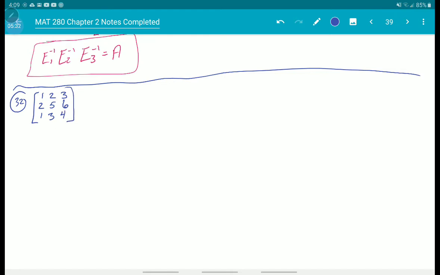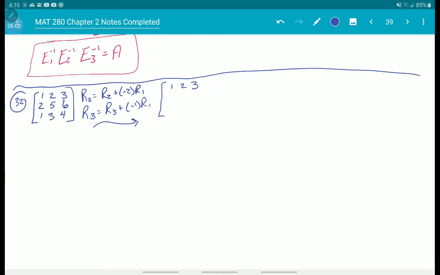So I need to turn this into the identity matrix since it's non-singular. So row 2 is going to be equal to row 2 plus negative 2 times row 1. And then I'm going to take row 3 and replace it with row 3 plus negative 1 times row 1. Notice row 1 staying the same.